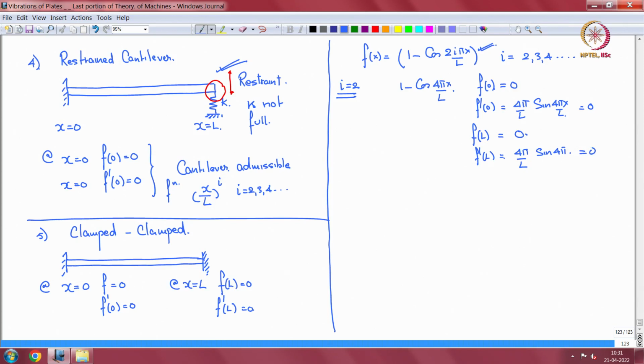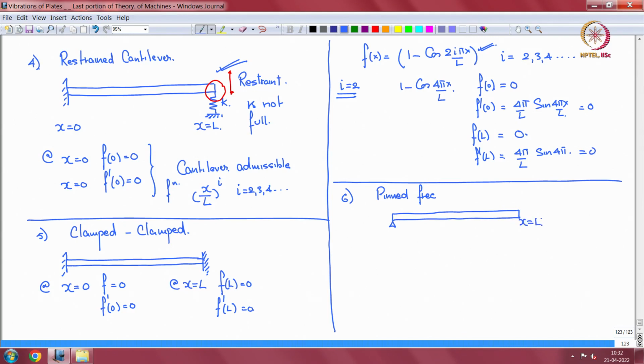And lastly, the 6th in this list of functions, let's say, is pinned-free. At x equal to L it's free, at x equal to 0 it is pinned. So what are the conditions?